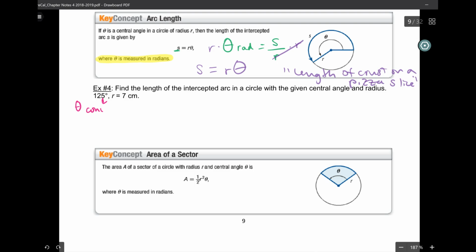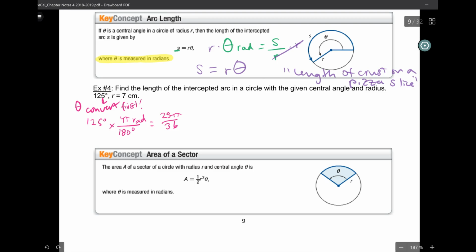So we need to convert first. 125 degrees multiplied by, well, I have to get rid of the degrees, so I put degrees on the bottom. It's the same thing as saying 180 degrees is pi radians. When you multiply by this, you get 25 pi over 36. I just simplified first.